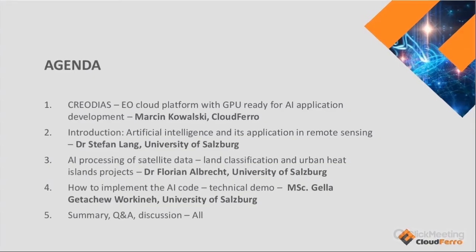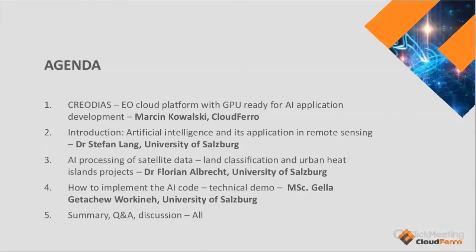Our plan for today is, as normally, pretty simple. Firstly, I will do a very quick introduction of the CREODIAS platform with focus on the GPUs and all the tools and all the products we have for AI and Earth observation.